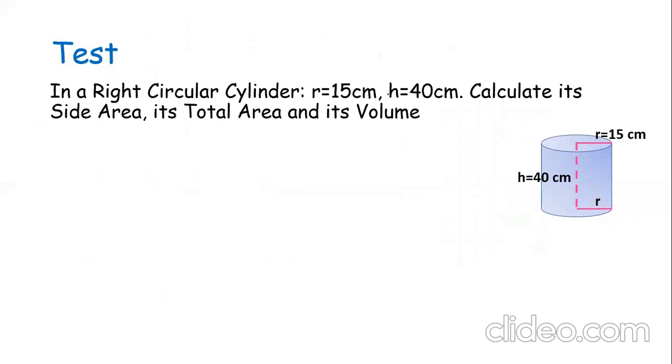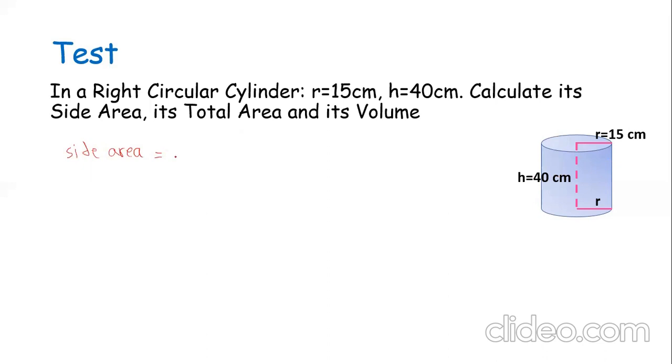So here we have a right circular cylinder where r, which is the radius of the circular base, equals 15 centimeters. The height is equal to 40 centimeters. Now calculate its side area, its total area, and its volume. So as we saw before, the side area is equal to the area of the rectangle we get by cutting the curved surface and opening it.